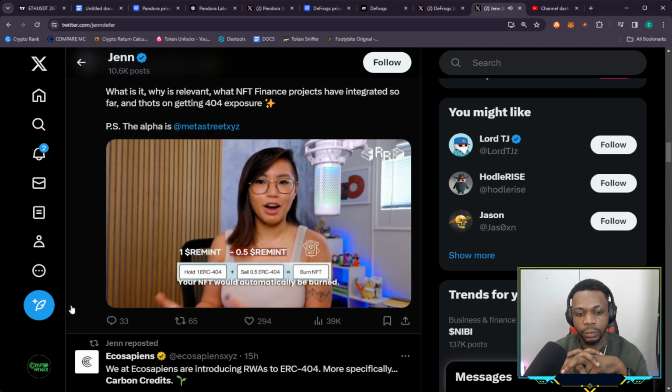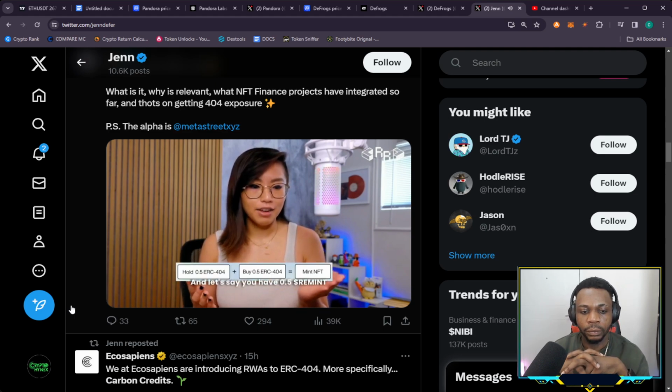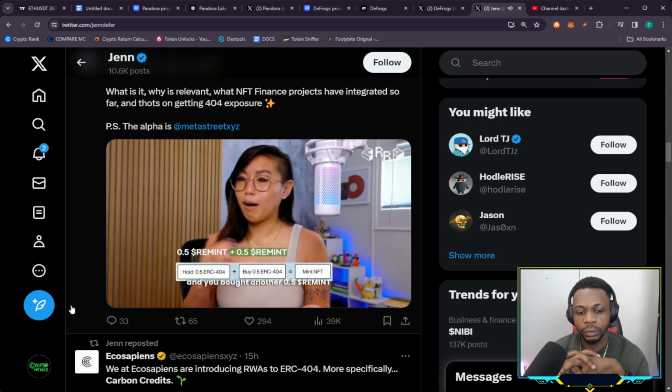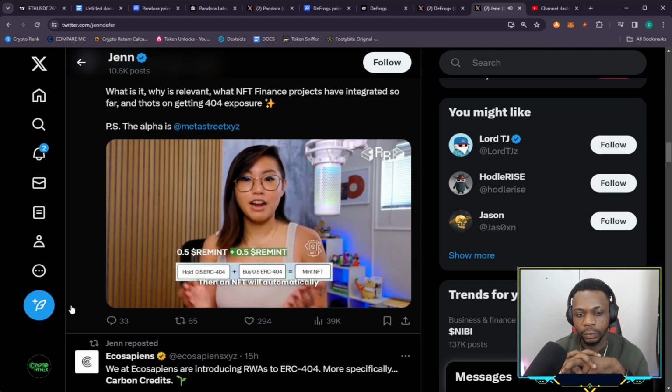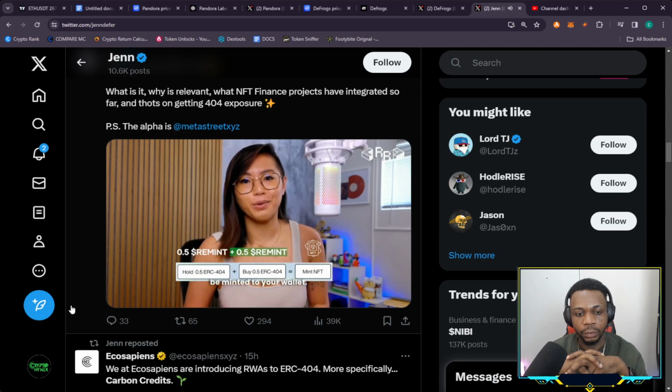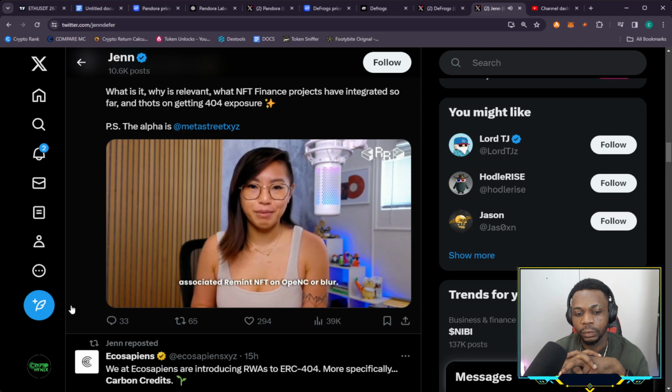Now, let's say you have one Remint and you decide to sell half of it. Your NFT would automatically be burned. And let's say you have 0.5 Remint and you bought another 0.5 Remint, so you have one whole Remint, then an NFT will automatically be minted to your wallet. Flipping the script, let's say you sell your associated Remint NFT on OpenSea or Blur.